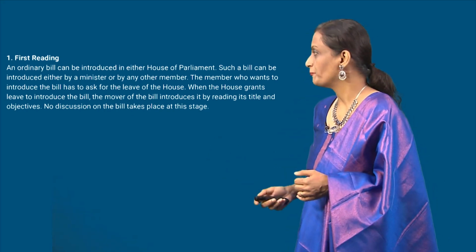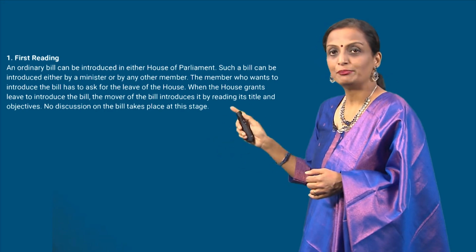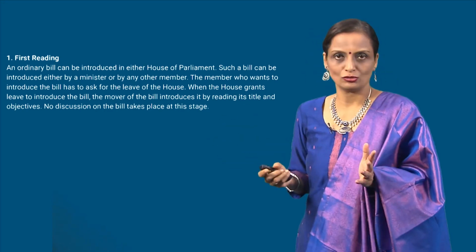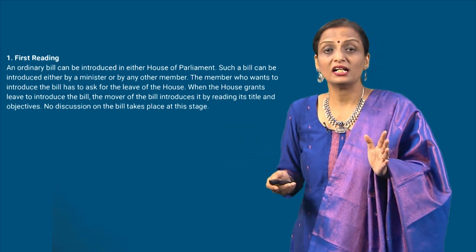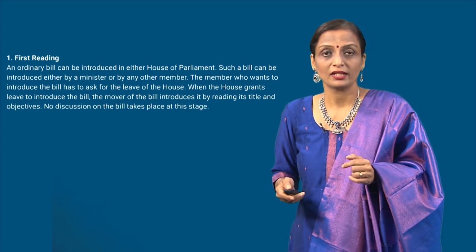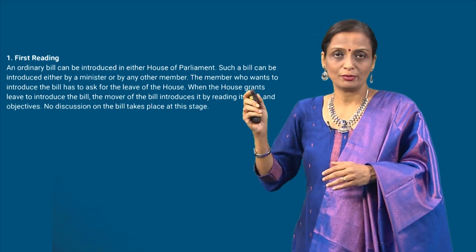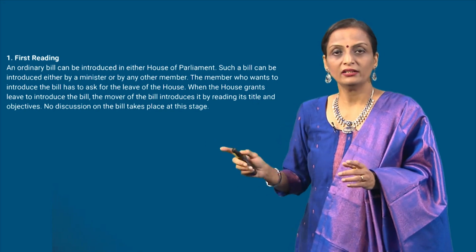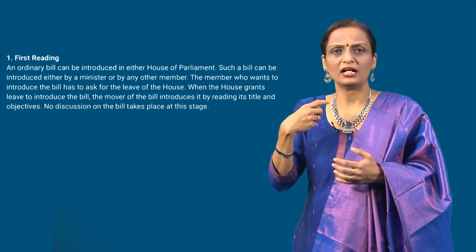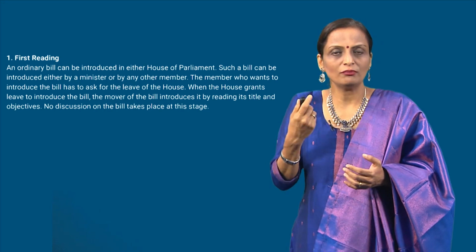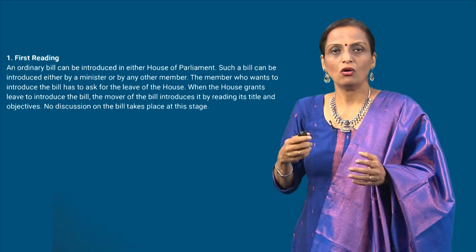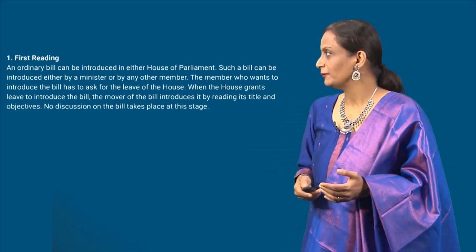The first reading. An ordinary bill can be introduced in either house of the Parliament. It is not like the money bill or the finance bill. The money bill will have to be presented only by the Lok Sabha. Here it can be presented from either house of the Parliament, either from the Lok Sabha or the Rajya Sabha.